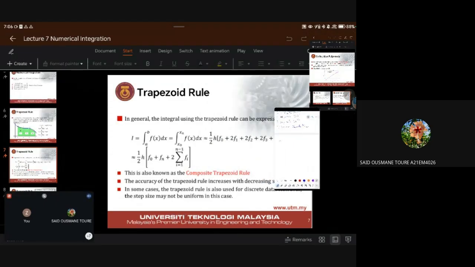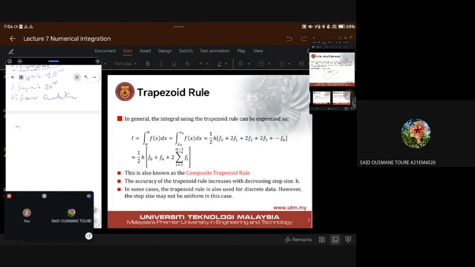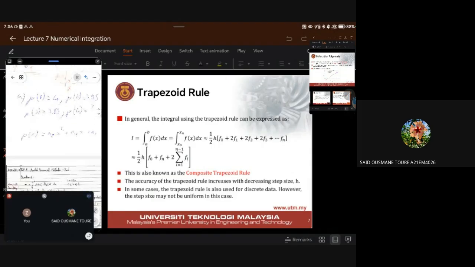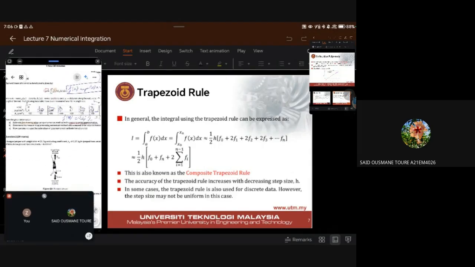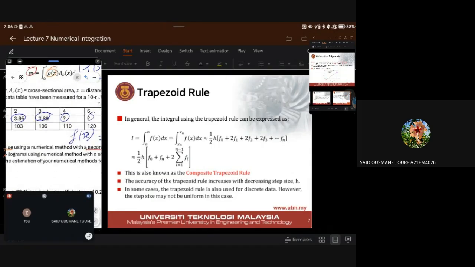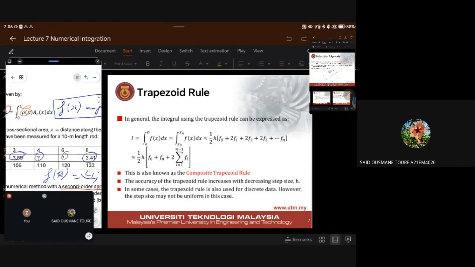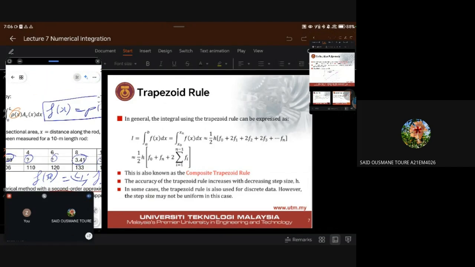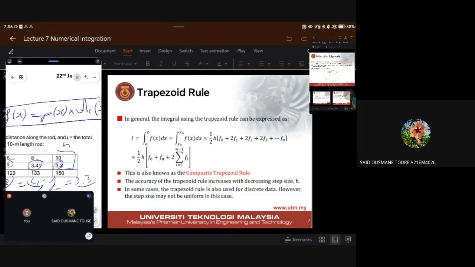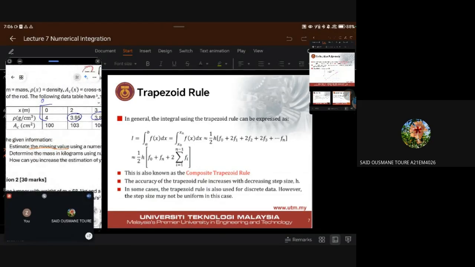Our I here is equal to the integral from a to b. However, in the question, if you see clearly, it's 0 and L, a, b. The f of x now is our target. It's rho x times ac of x. Both are functions and both have their values here.